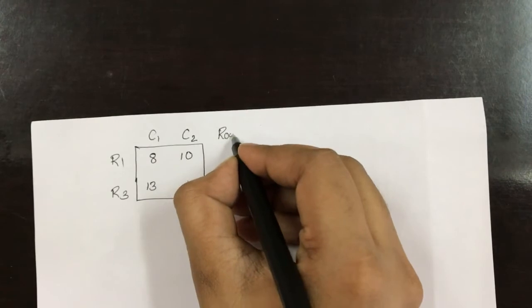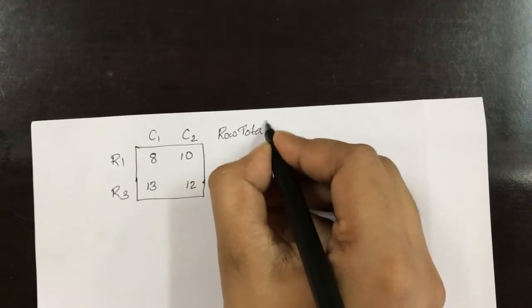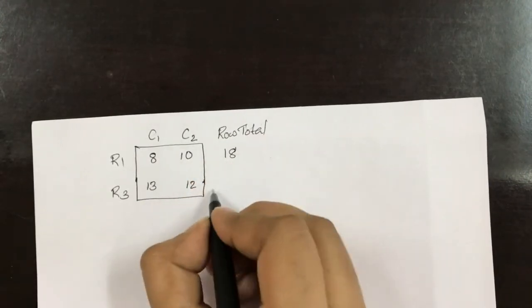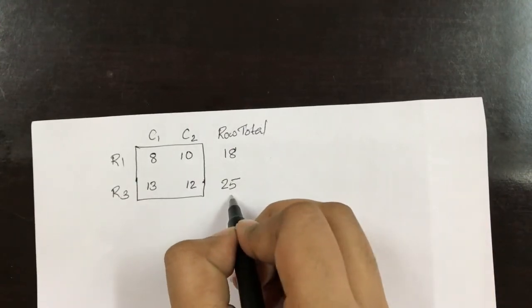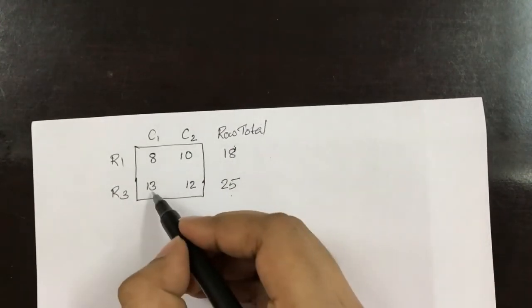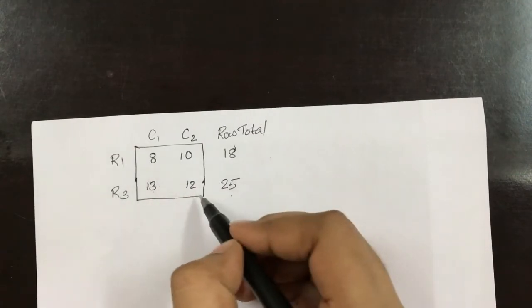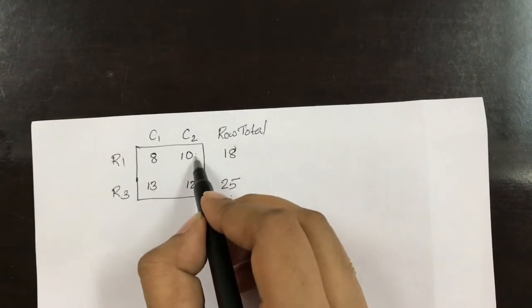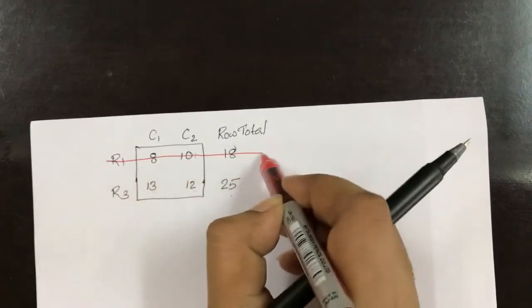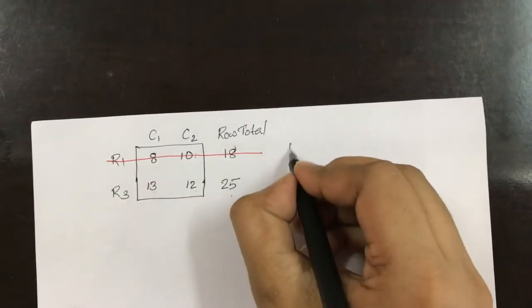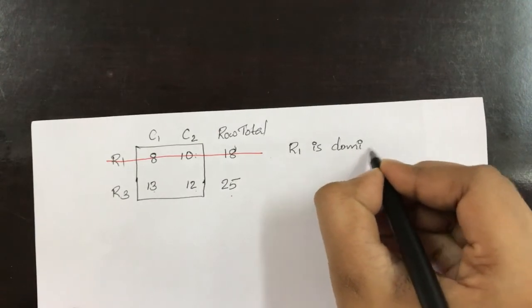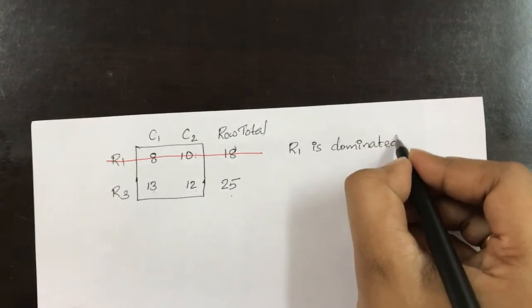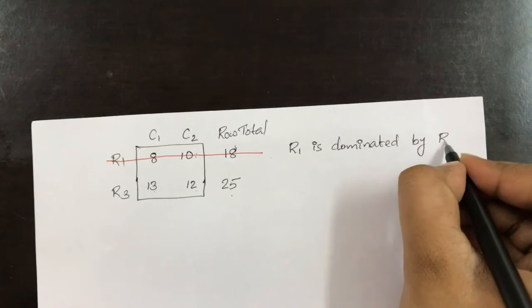Now again the row totals are 18 and 25. Among the row totals we need to take the highest and compare it with the lowest. 13, 8, it has the lowest; 12, 10, it has the lowest. So we need to delete the lowest, and R1 is dominated by R3.